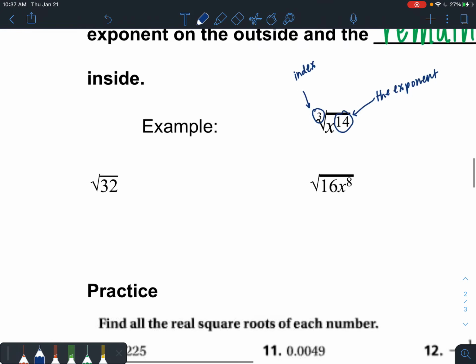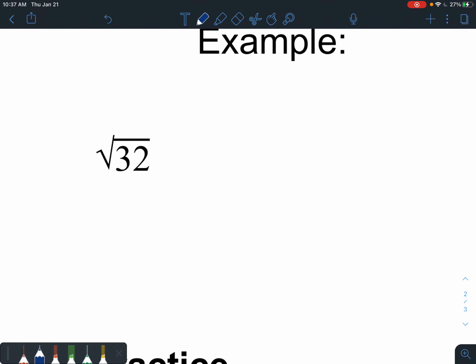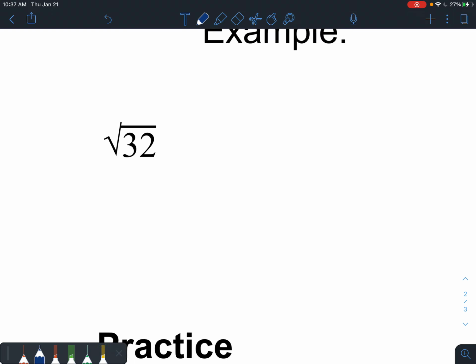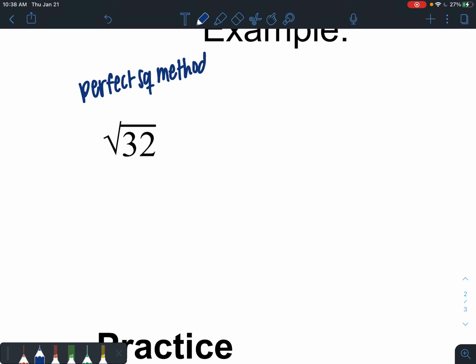All right, so we're gonna do our square root of 32. So this is where we're gonna use the perfect square method. Okay, so I know that 16 times 2 is 32.